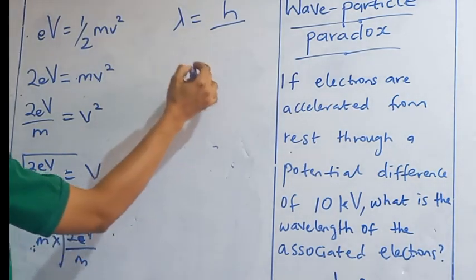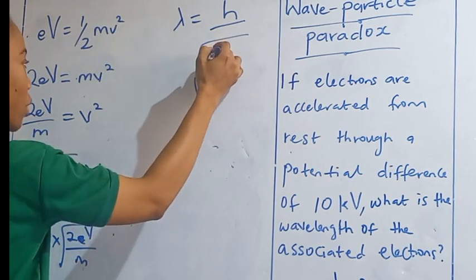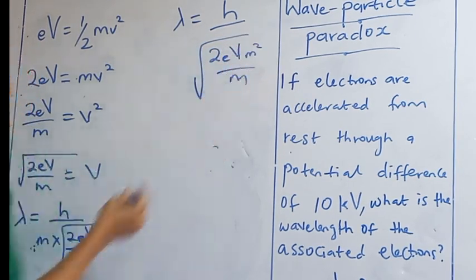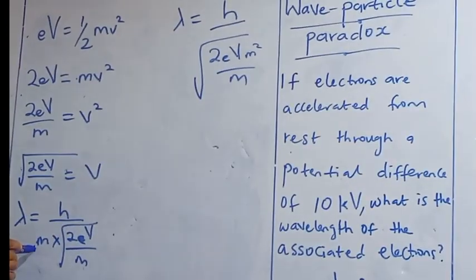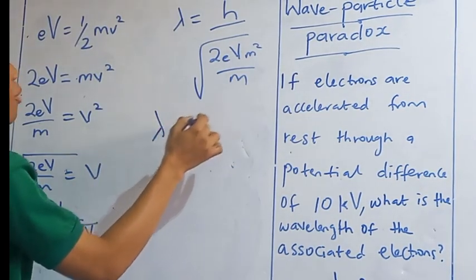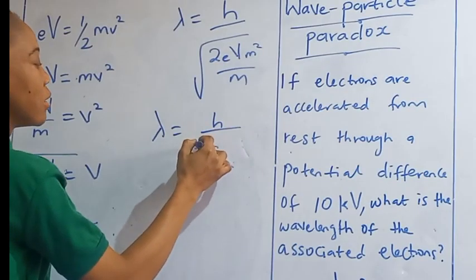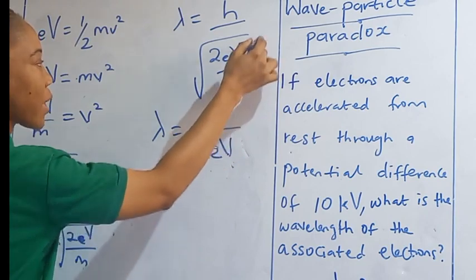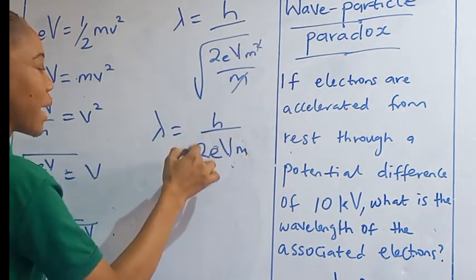So if we do that, we are going to have square root of 2 electron volts m square over m. That's this m square. When we take the square root, we'll have the m back, but bringing it back into the square root. So lambda will be h over square root of 2 electron volts m. M will cancel 1 and we'll just have 1 mass left.